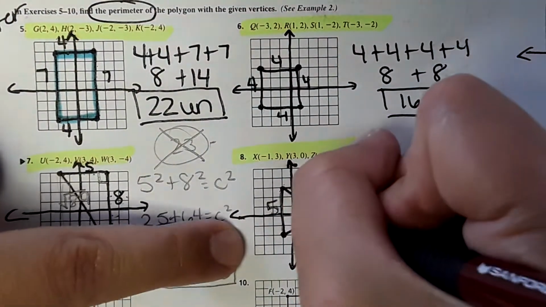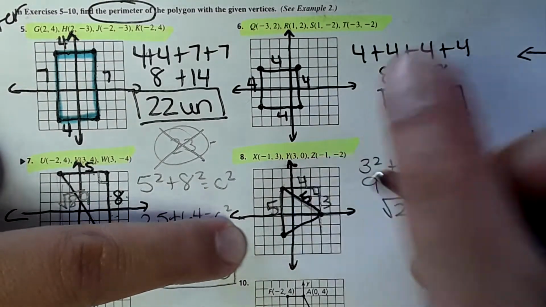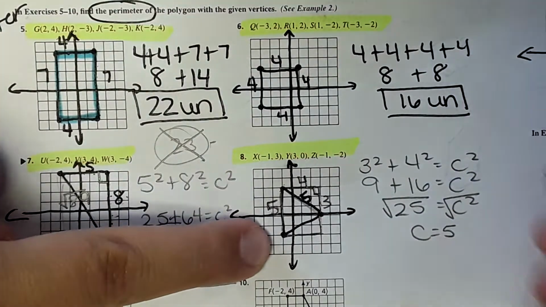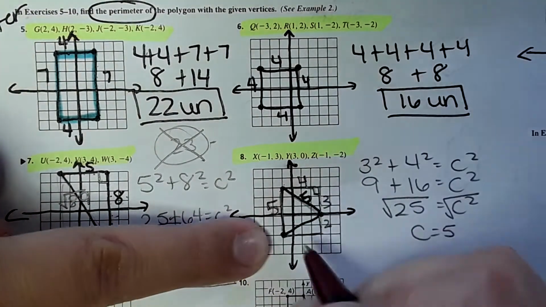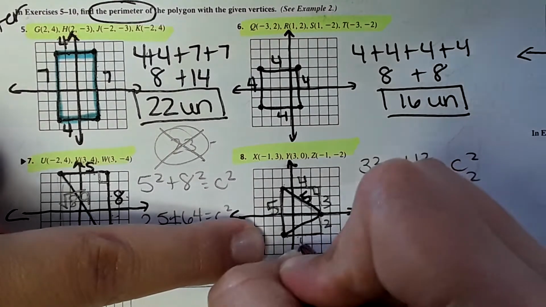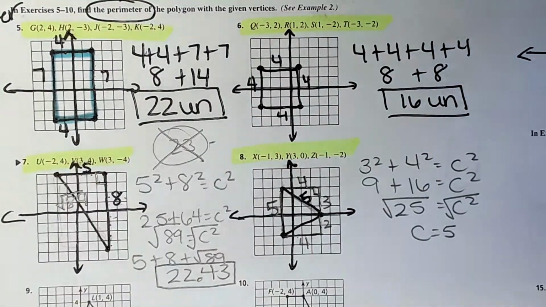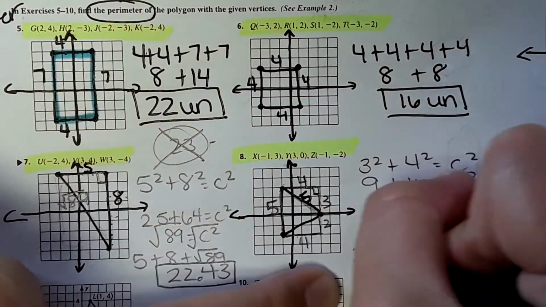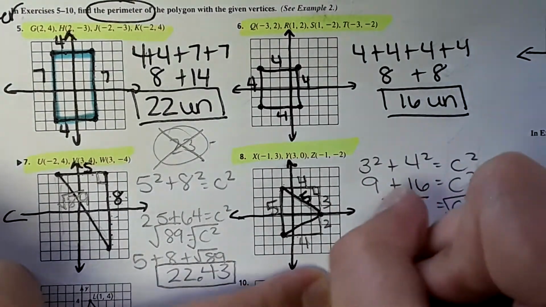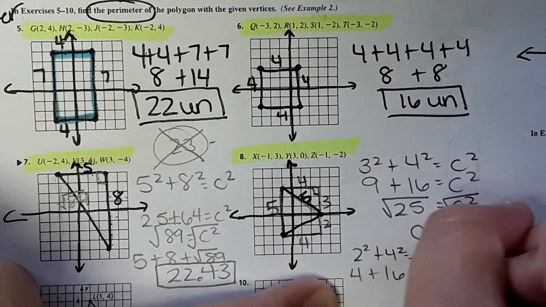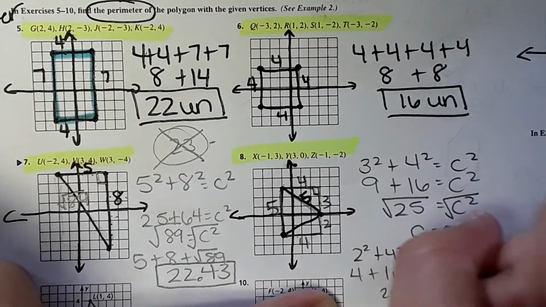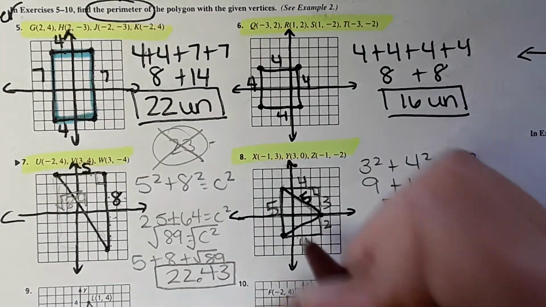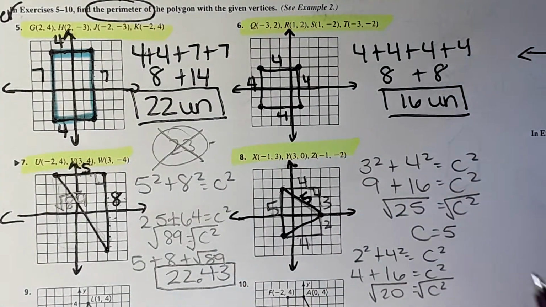Now for the next one, I have 2 and 1, 2, 3, 4. So I'm going to do 2 squared plus 4 squared equals c squared. I wish there was a shortcut, but there's really not. So I get square root of 20 for that length there.